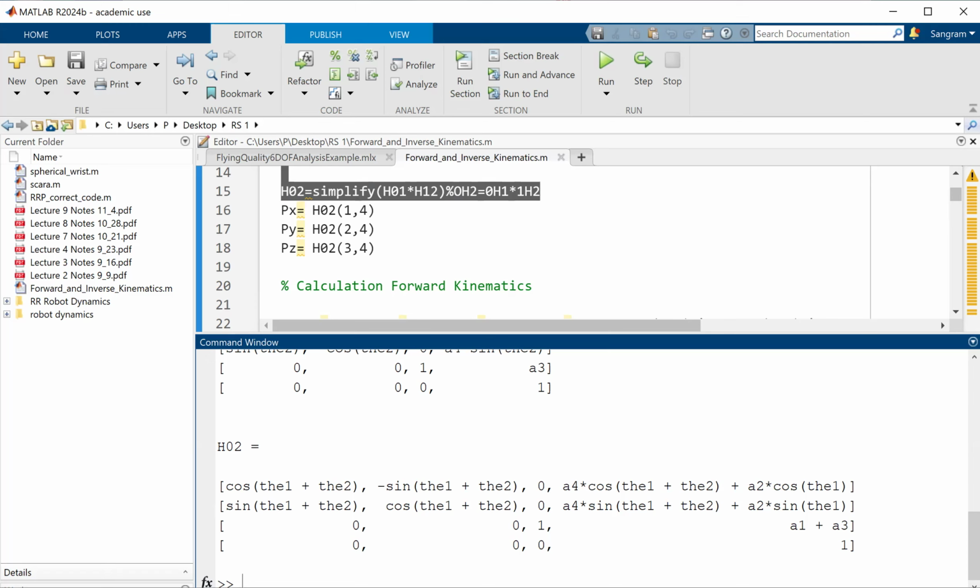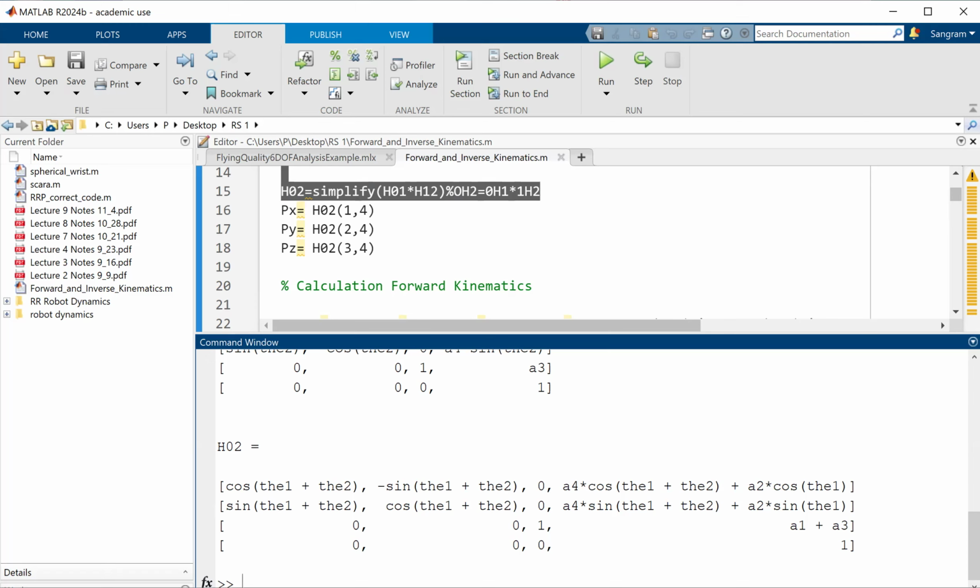It's theta 1 plus theta 2. Do you agree with me? So what does it tell me? It tells me, very important, frame 2 is rotated with respect to frame 0 by angle theta 1 plus theta 2. Are you with me?